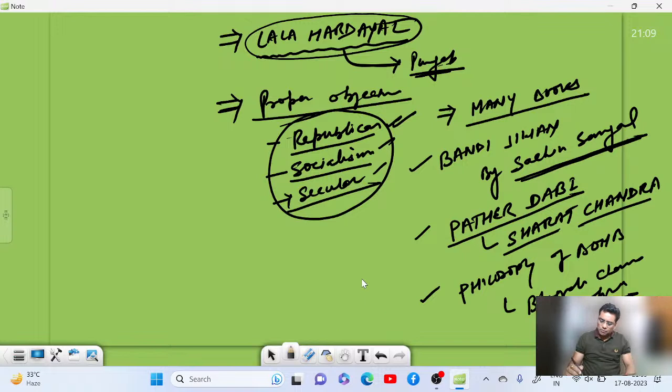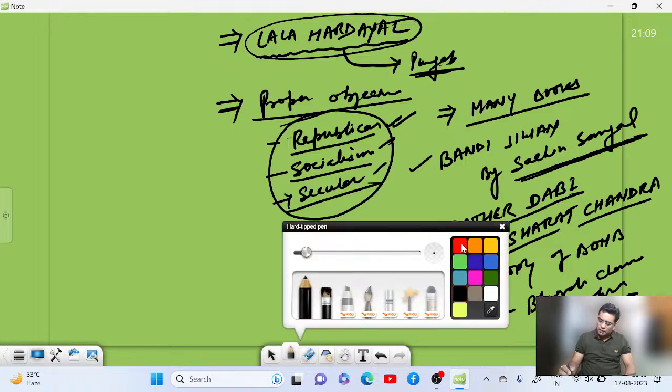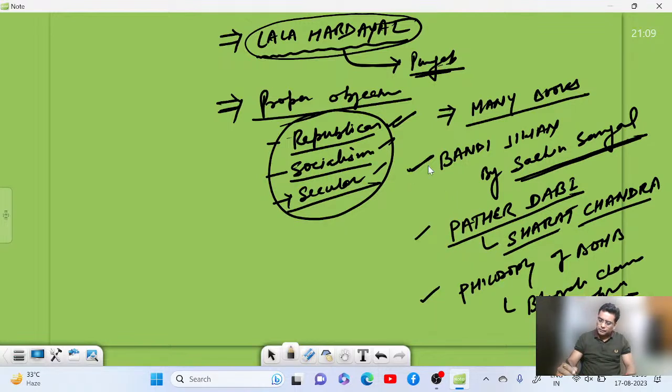So Bhagavati Charan Bohra, Sachin Sanyal, and Sharad Chandra all contributed a lot in guiding the revolutionary network.